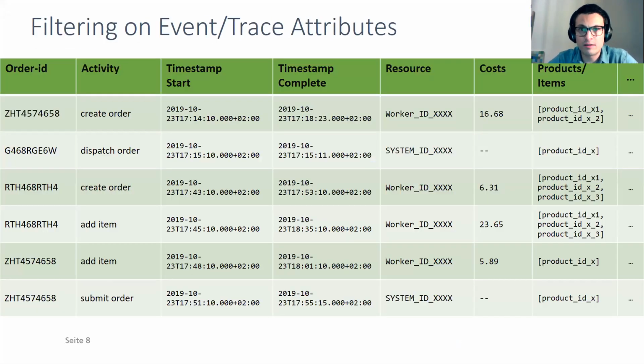Now, a second type of filters that we implemented that are very useful, having the same invocation style, are attribute filters. So as I've also presented before, event data, and specifically events, but also traces, can have various attributes.